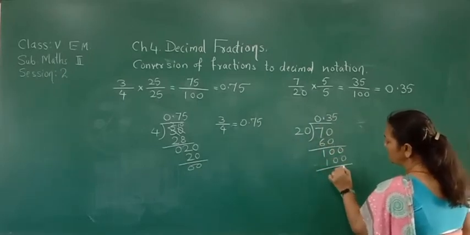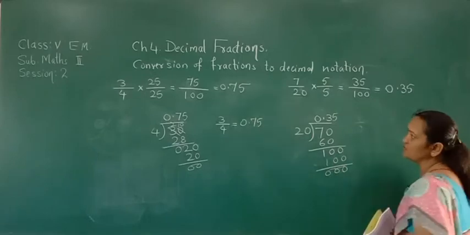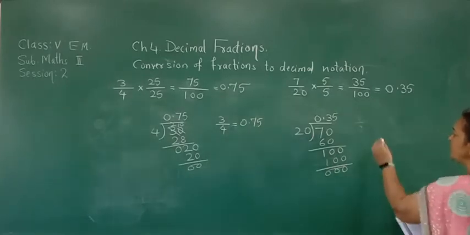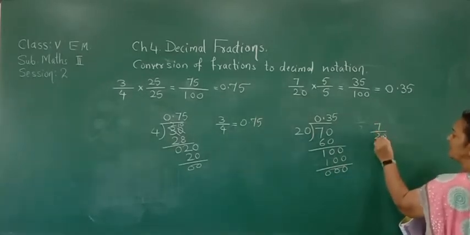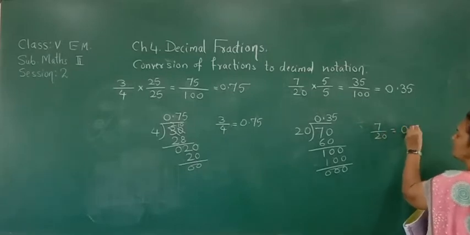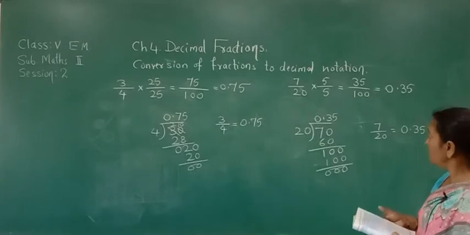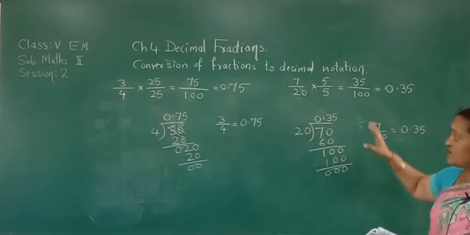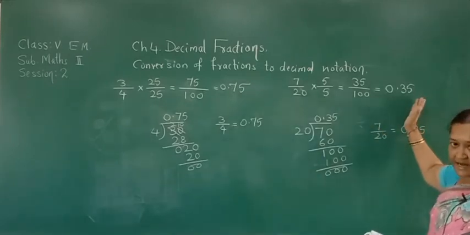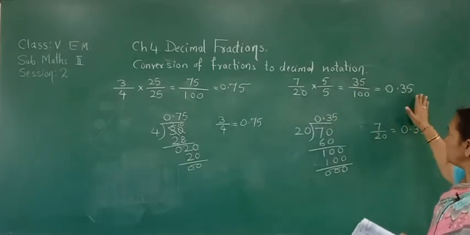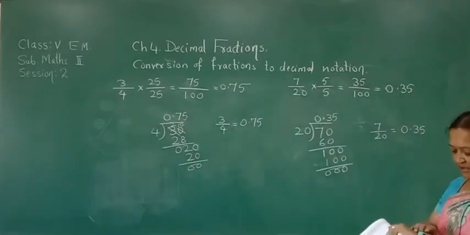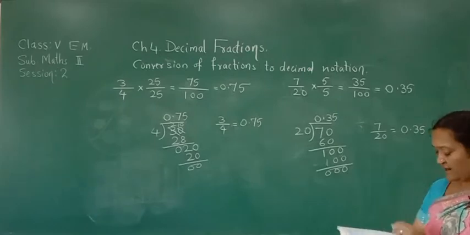So 100 minus 100 is 0. So here 7 by 20 is equal to 0.35. So in this way we learned to convert 7 by 20 to a decimal fraction.